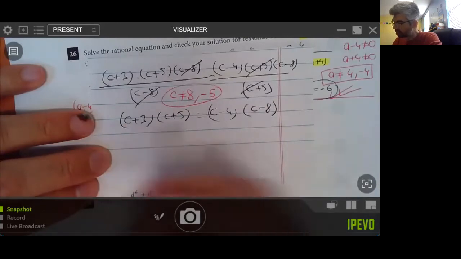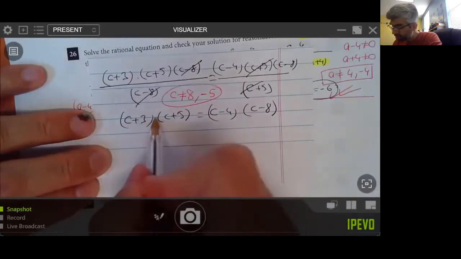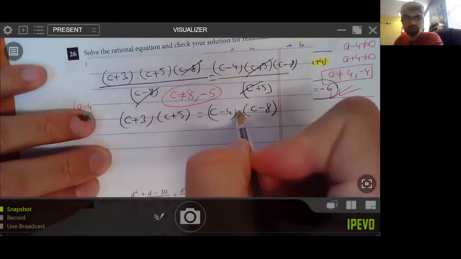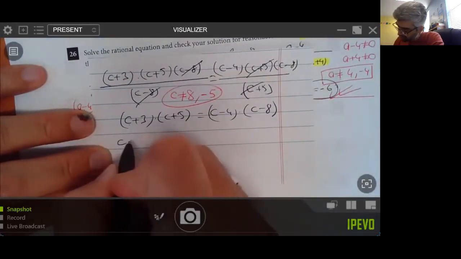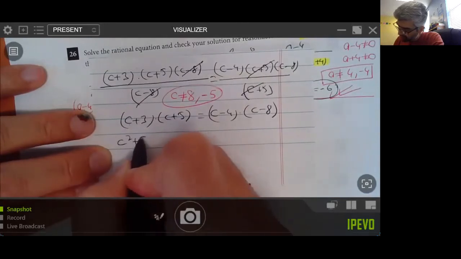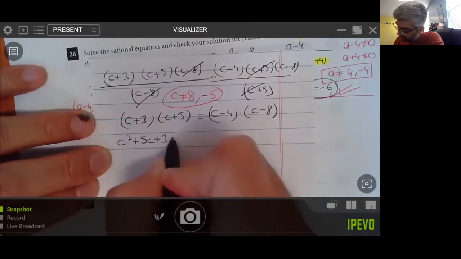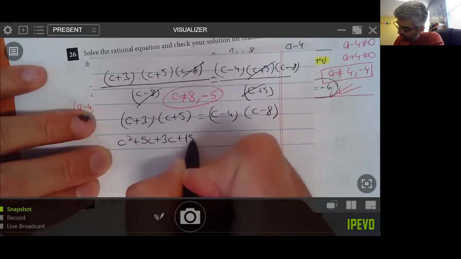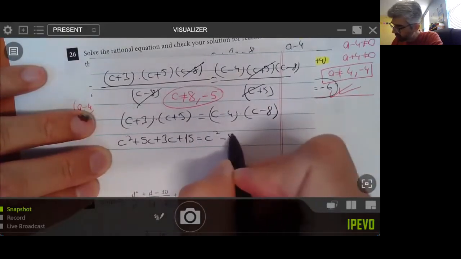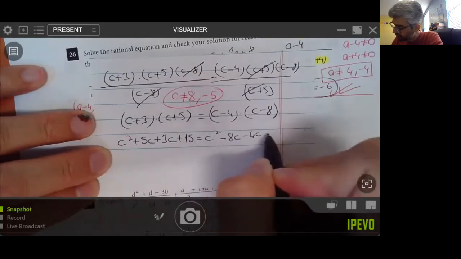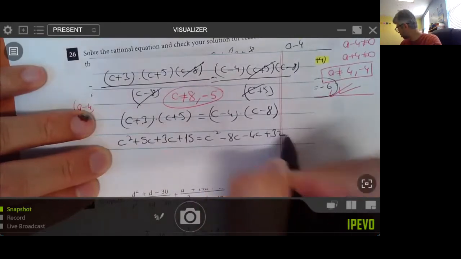And now I have to solve this equation. I have to use the FOIL. So c times c, c squared plus 5c plus 3c plus 15 equals c squared minus 8c minus 4c plus 32.